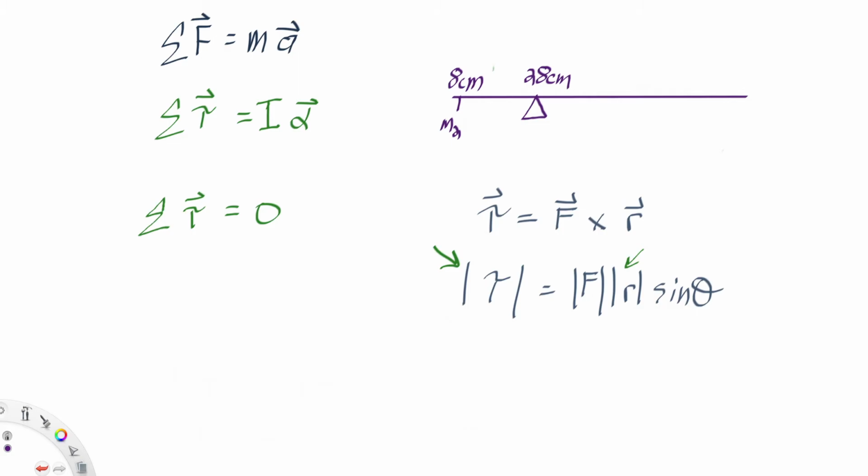So assuming that it's a real meter stick and it does have mass, how do we take the meter stick's mass into account?